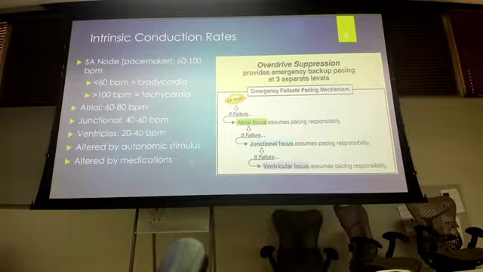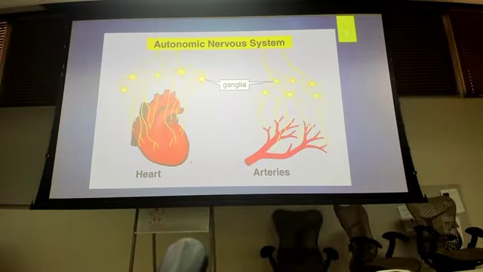So again, this can be affected by medications, but also by autonomic stimulus. We talked a little bit about autonomic stimulus, and we know that it sends signals to the heart and to the systemic vascular system. So it's going to affect the heart rate and the blood pressure, depending on what part of the autonomic nervous system is affected.